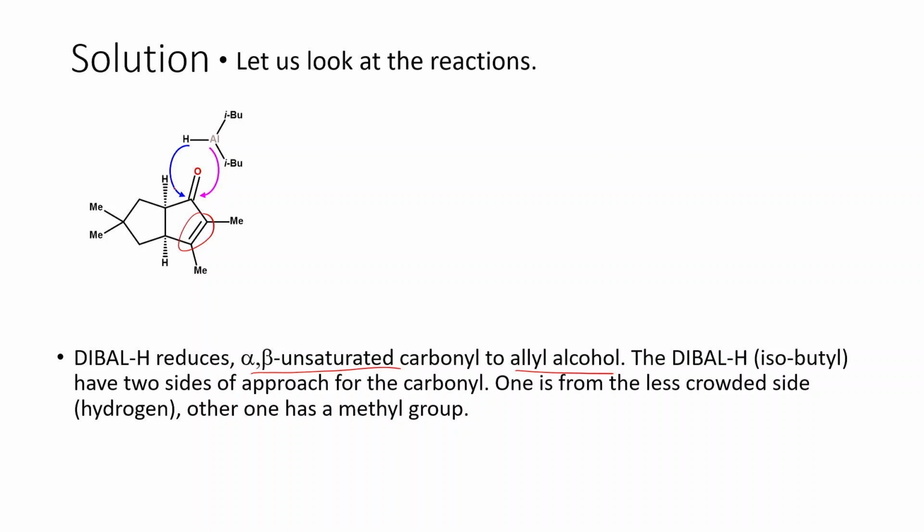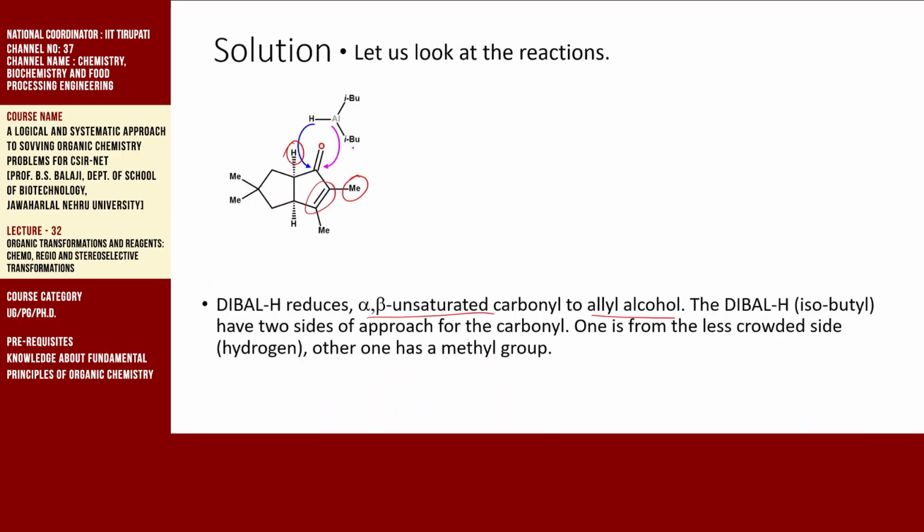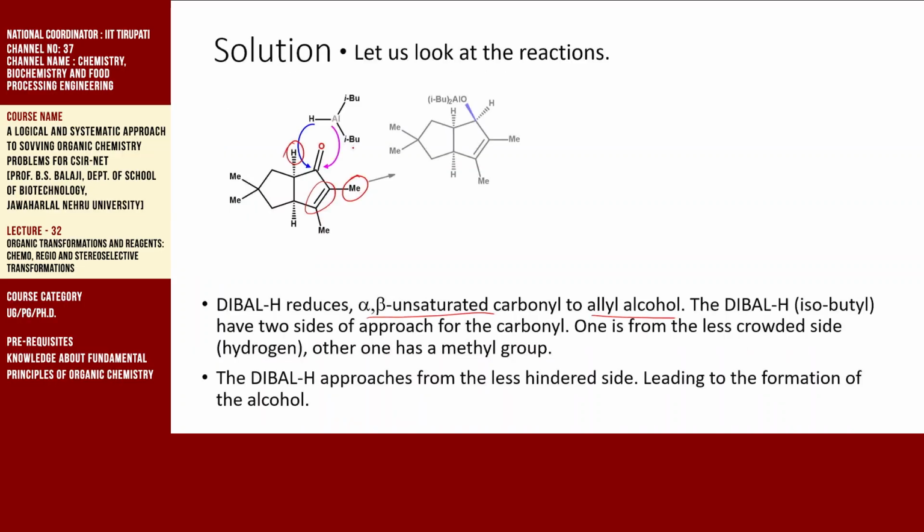If you look very carefully, we have a hydrogen atom here that is pointing below the plane, and we have a methyl group. Now this diisobutyl aluminum hydride itself has isobutyl groups, so that is a very bulky group. So if this bulky group has to attack from this side, I think there is going to be some problem.